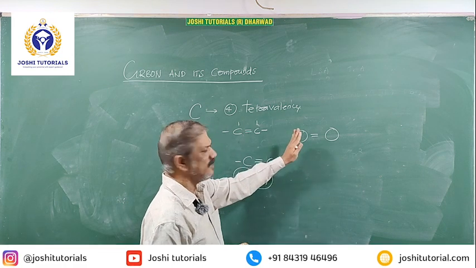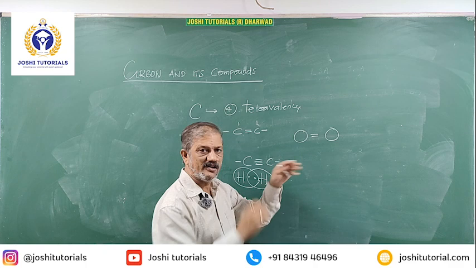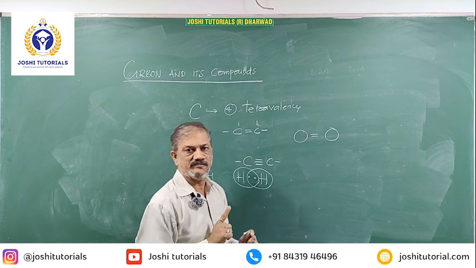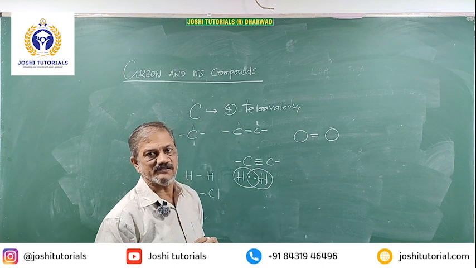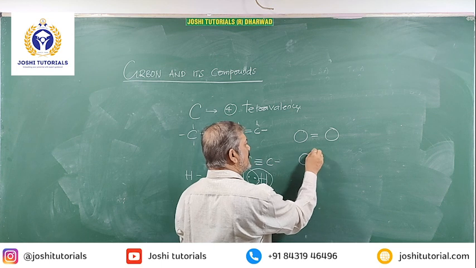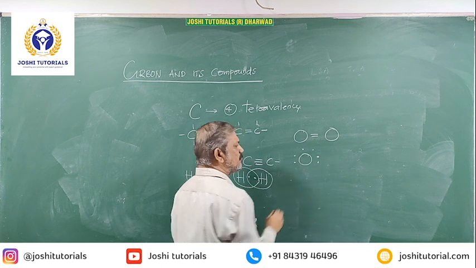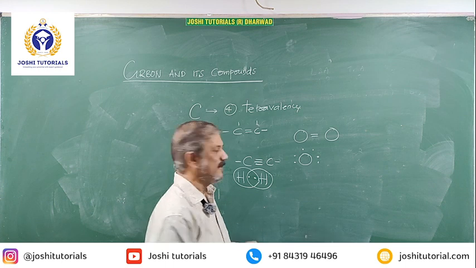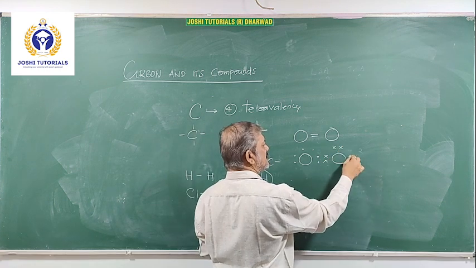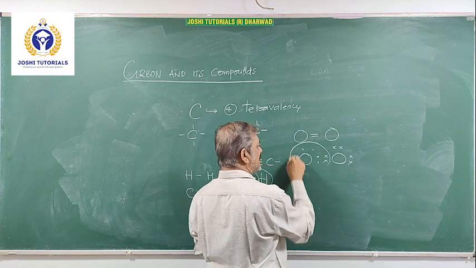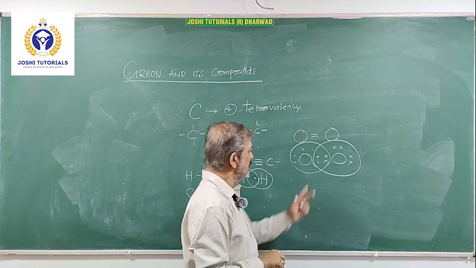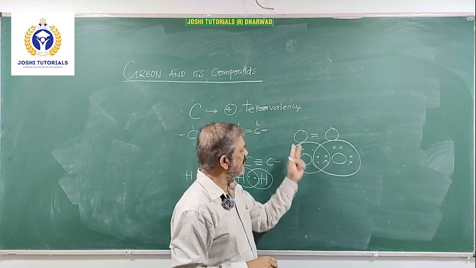Always, wherever you see oxygen in the structural formula, there must be 2 bonds for each oxygen. Because oxygen contains 6 valence electrons outside. Another oxygen, again 6. It shares like this, it shares like this. 4 plus 4, 8.